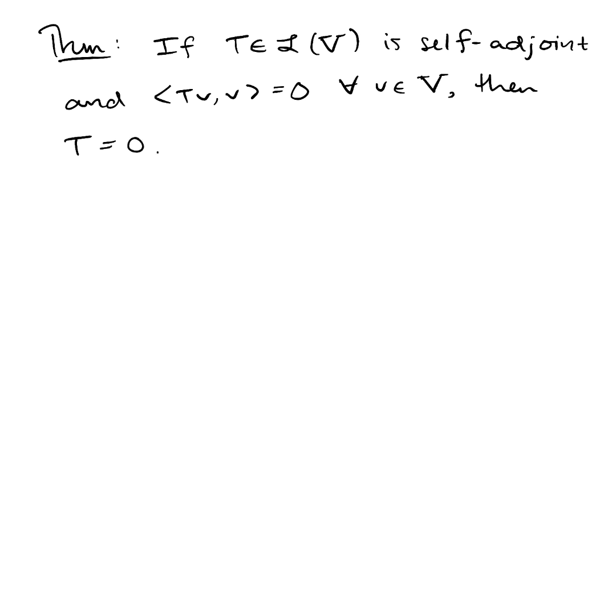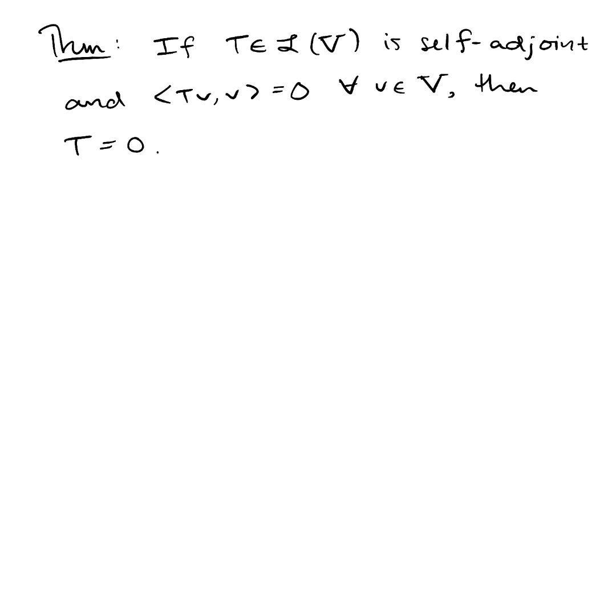Okay, hit pause for a sec here. This feels like a theorem we already know. Slightly different. Over the complex field, this theorem is already true without even the hypothesis that T is self-adjoint. Over the complex field, if Tv ends up orthogonal to v for every vector, then T is 0.